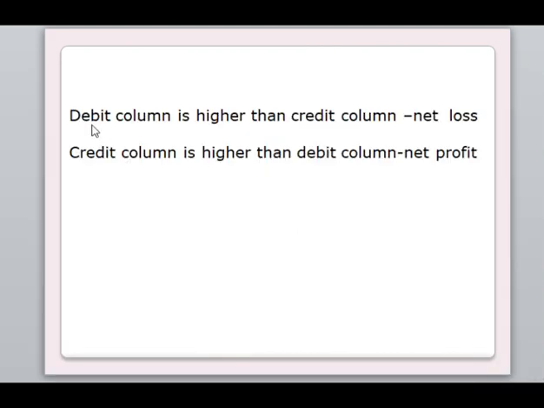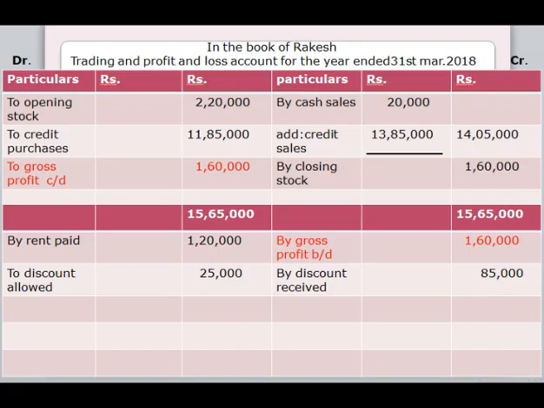As we know, if the debit column is higher than the credit column, then it is loss. If the credit column is higher than the debit column, then it is profit. In this account, the credit column is higher than the debit column, so it is profit.